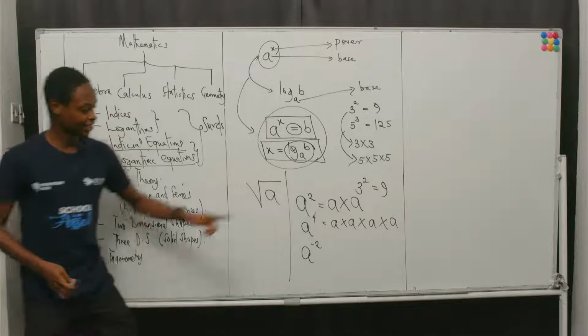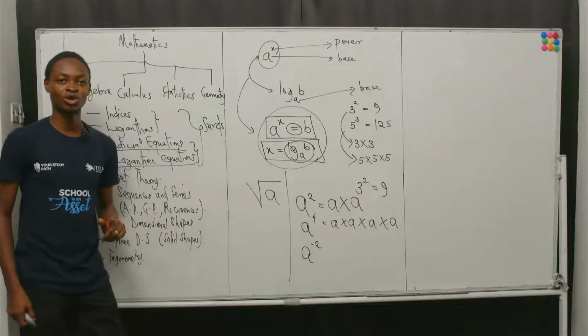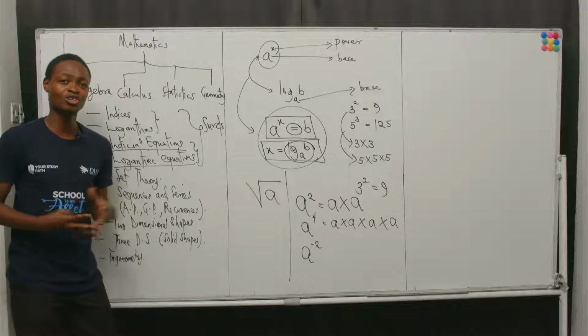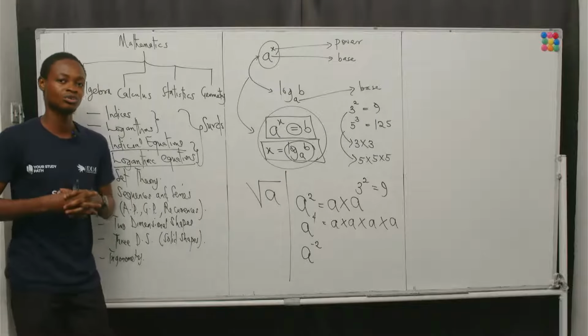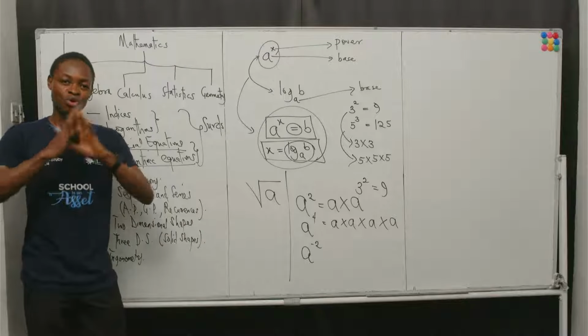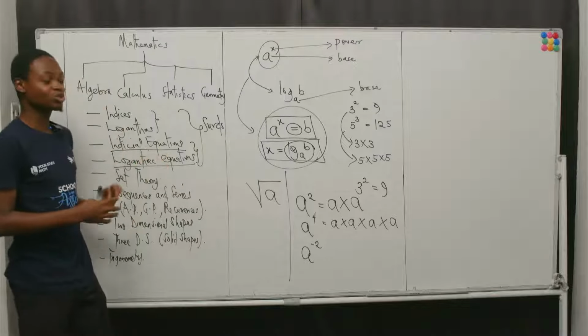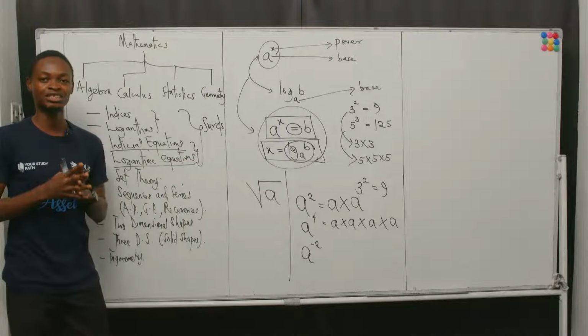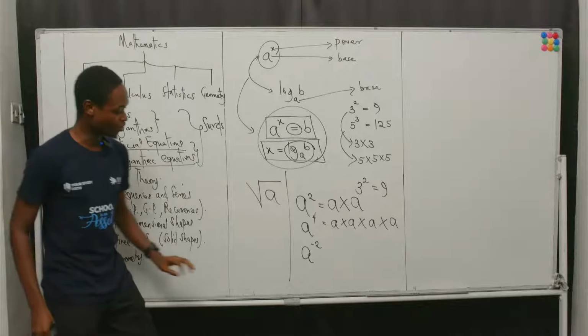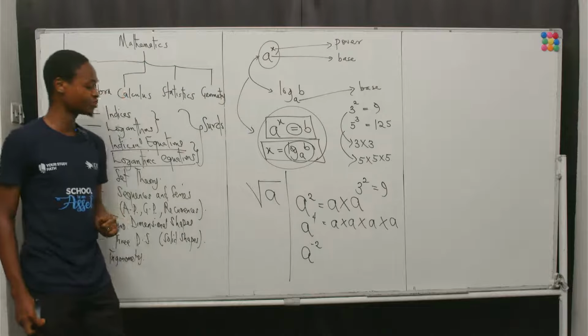In this case, it's a negative power. So one of the rules or laws of indices that we will still get to go in depth later on, once we start, we will still go into each of these topics and look at the general rules we have inside each of them. But for now, let us consider when we have a raised to the power minus 2.